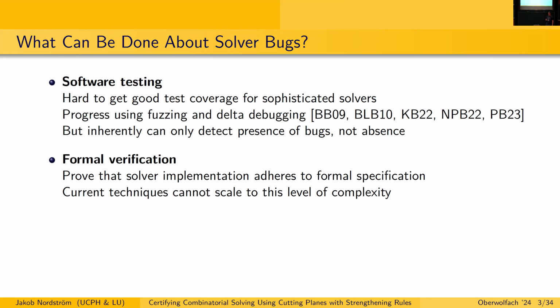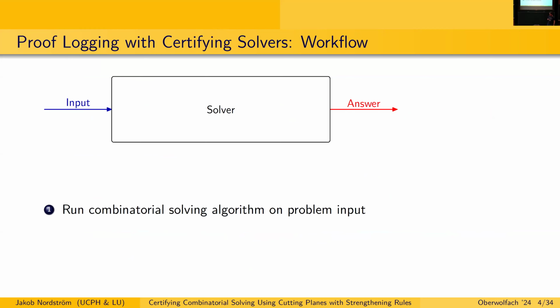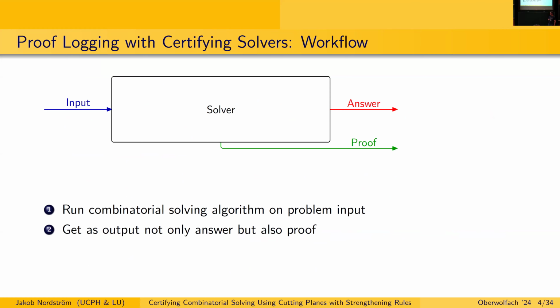So the one approach that has been successful to address this is what's known as certifying algorithms or proof logging, where your algorithm in general should output not only an answer, but some kind of certificate or proof in a simple machine-readable format that can be verified. So the workflow you get then is, as before, you have an input, you feed it to your solver, and your solver gives an answer, but it also gives you this proof.